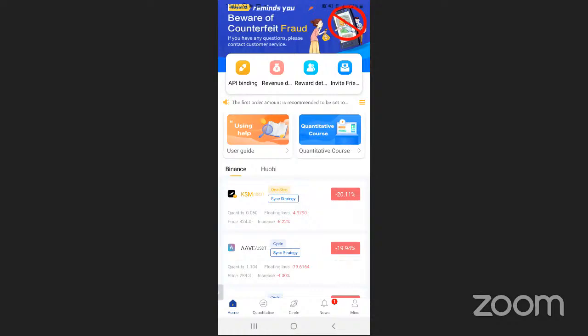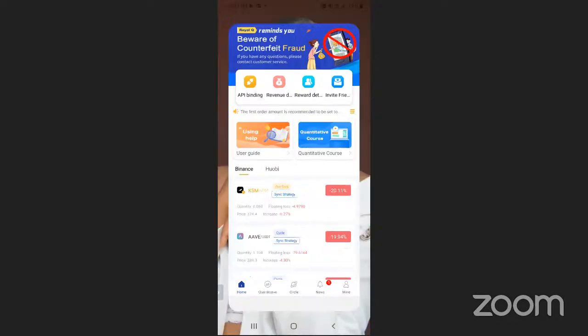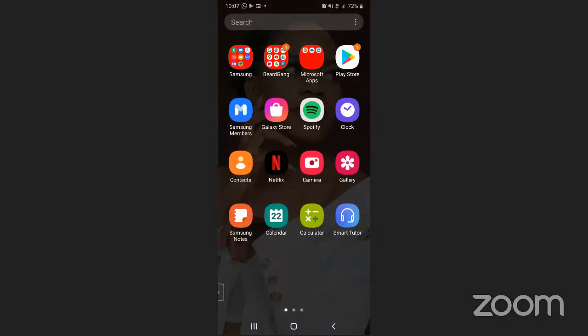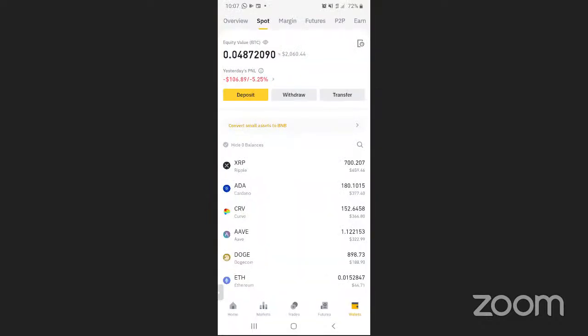If you don't have a good balance in your USDT, meaning the robot has nowhere to pick money. For example, if you look at your account, all your money is in other coins. Am I right? And you don't have USDT. Meaning the robot can no longer buy.